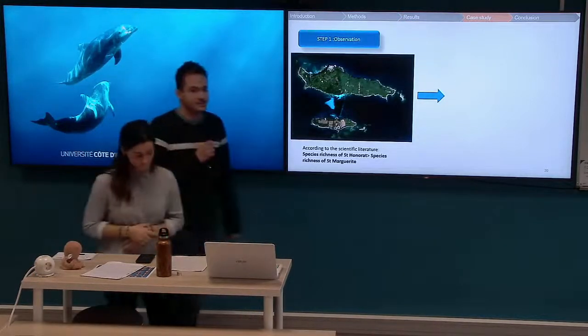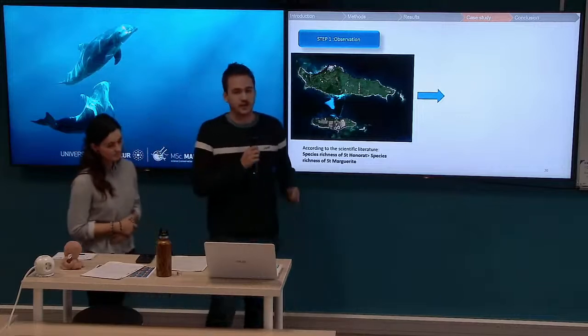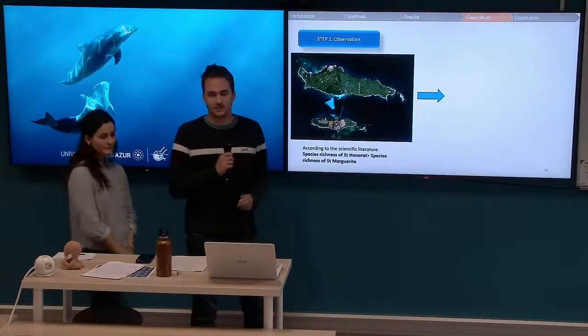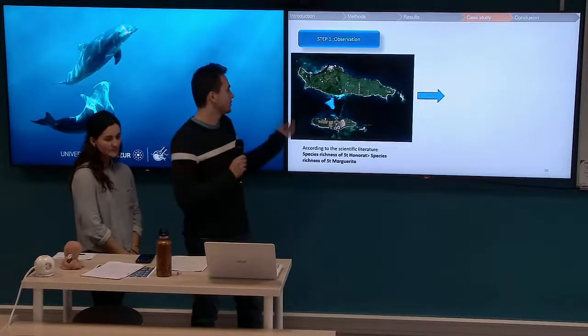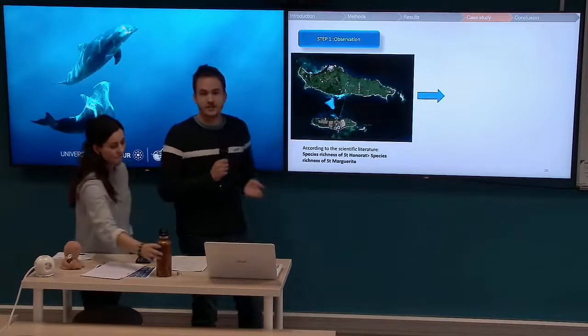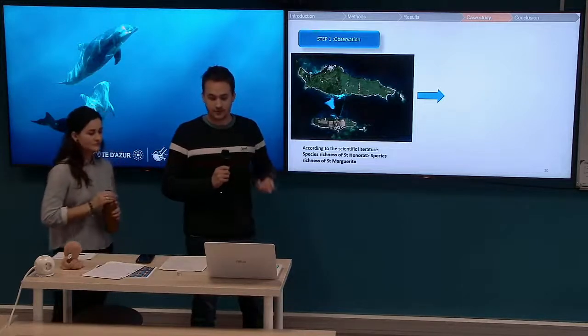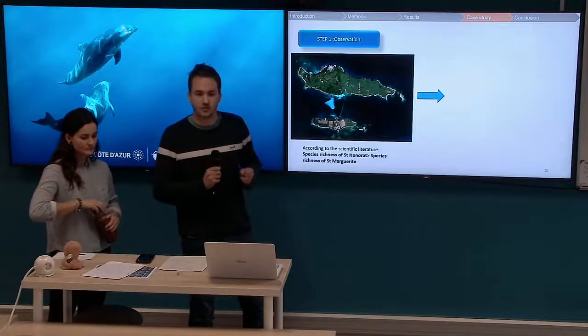Okay, so we have seen before that we have a strong link between the FAST index and the Shannon index. But this is a theoretical link, and we need to test it in an actual case study to see if the link is still present in reality.